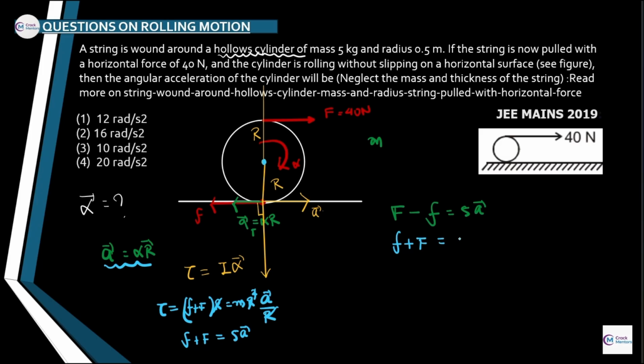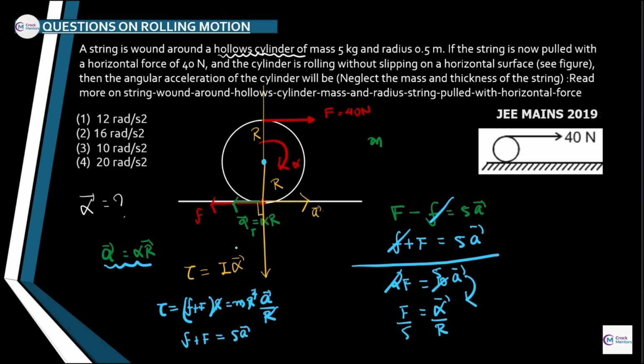After adding both of them, friction and friction are going to cancel out. 2F is equal to 10a, and for the acceleration we got F upon 5, alpha upon r. I have put it directly, acceleration is also by using this relation. And after solving this, what is the force F?